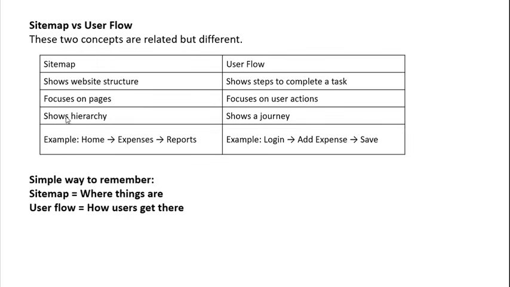The sitemap shows the hierarchy, and the user flow shows the journey. The sitemap goes from home to expense and from expense to report, and the user flow goes from login, to add expense, to save. A simple way to remember: the sitemap is where things are, and the user flow is how the user gets there.